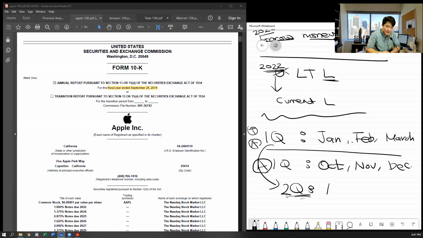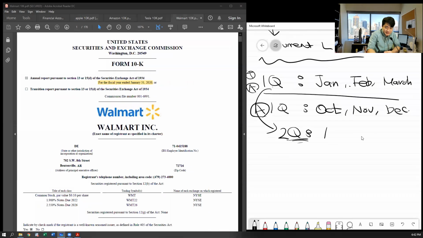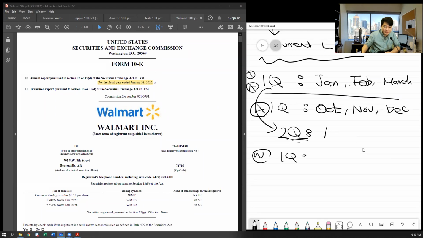That's another thing that you should be careful of. And interestingly, for Walmart, their first quarter will fall in February, March, and April.